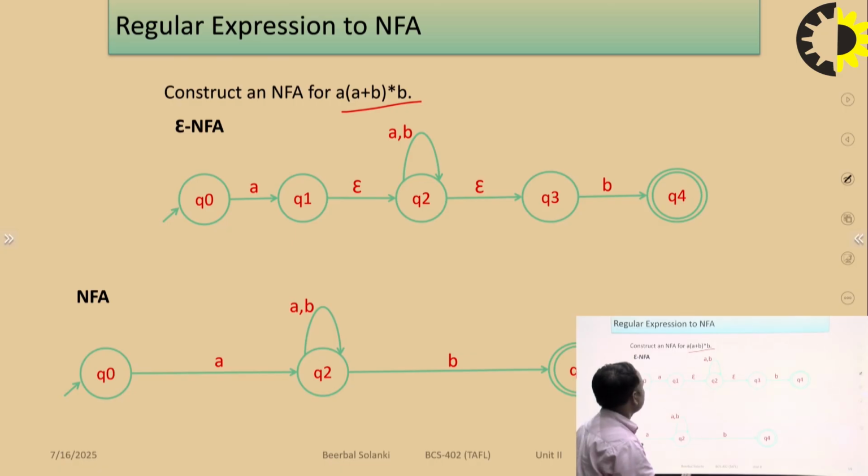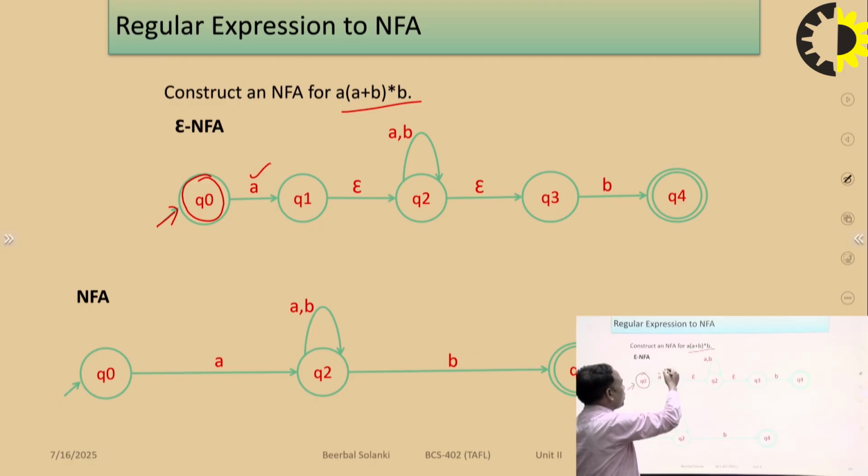We start the string from the starting variable, that is a. So we write from the initial state. Q naught is the initial state. Input is a, and we give the input a to reach the Q1 state.